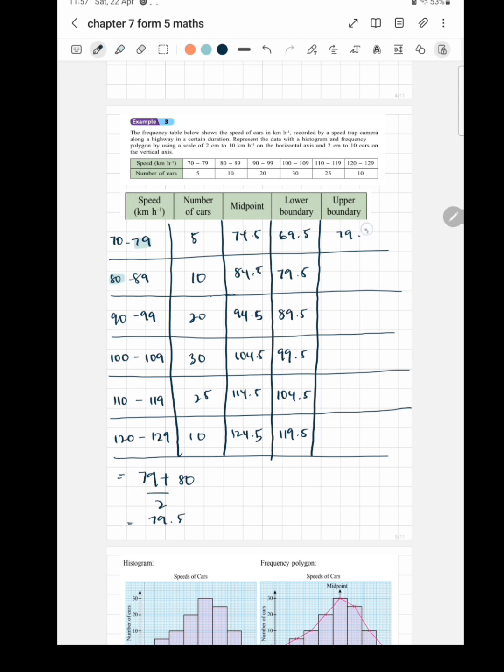This is the first class upper boundary. For the second one, we're going to do the same thing. We're going to take the upper limit of the second class plus the lower limit of the third class, divided by 2. So it should look like this. I'm getting 89.5. So I'm going to go ahead and fill up the rest.